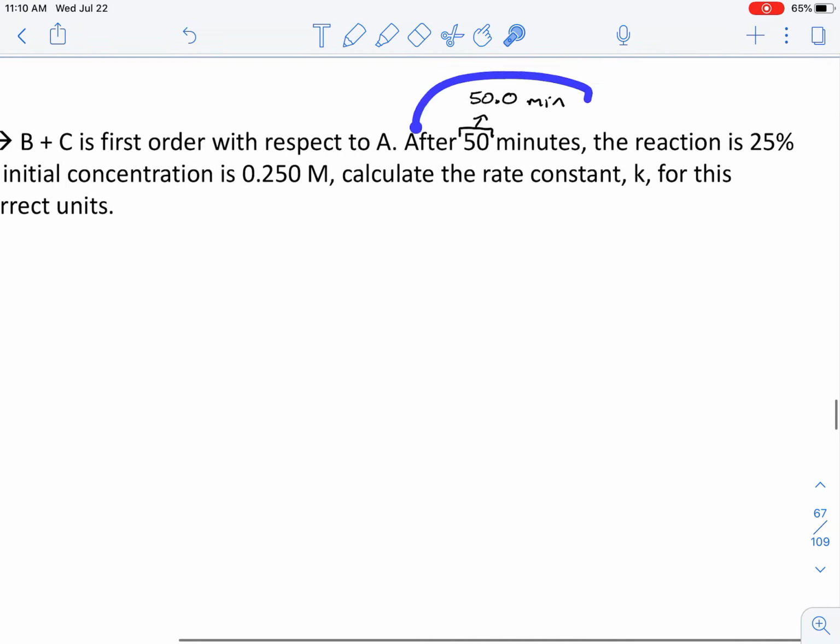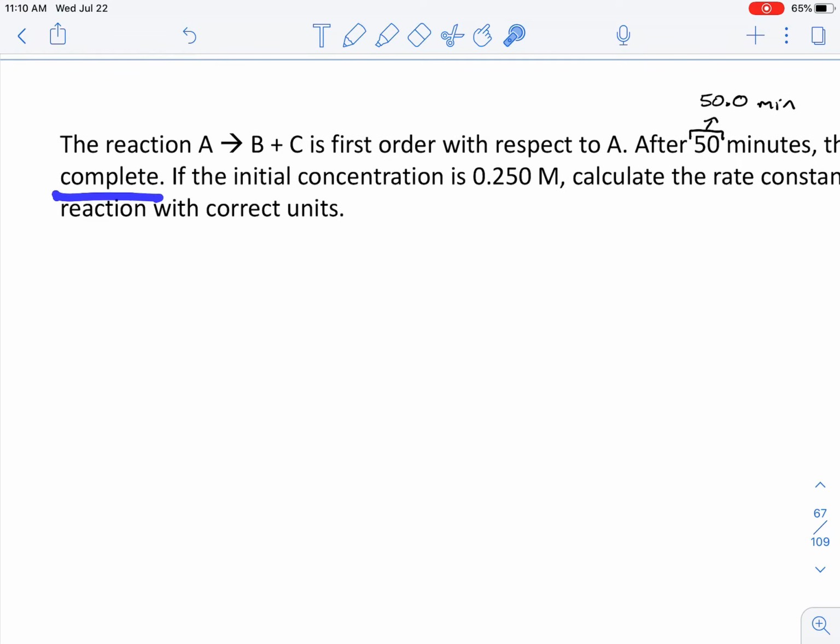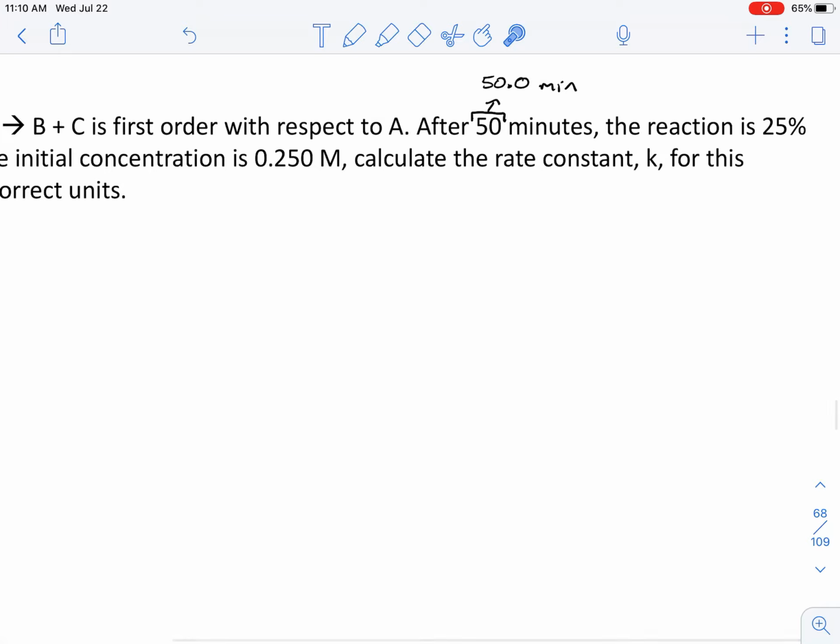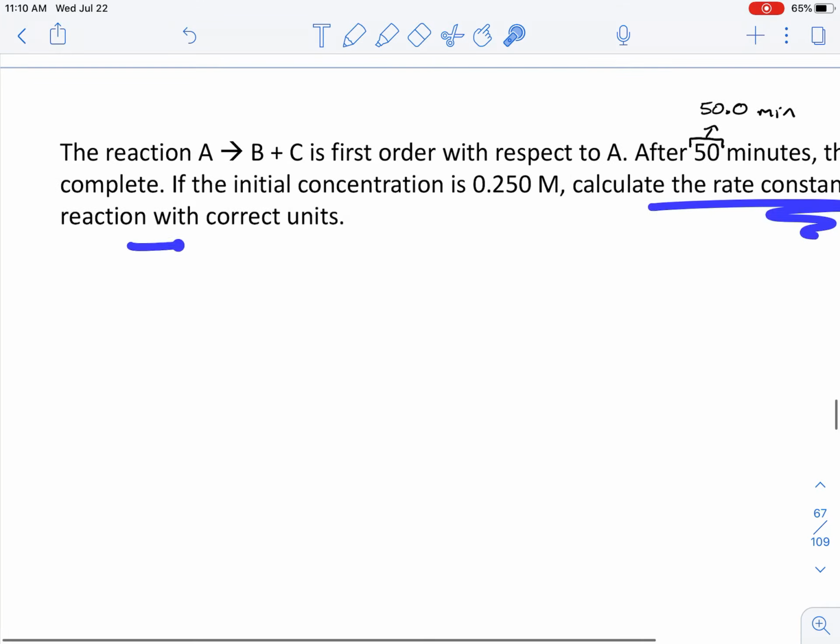After 50 minutes, and once again, I'm expanding out 50 as 50.0 just for sig figs, the reaction is 25% complete. If the initial concentration is 0.250, the question is asking us to calculate the rate constant K for this reaction with the correct units.